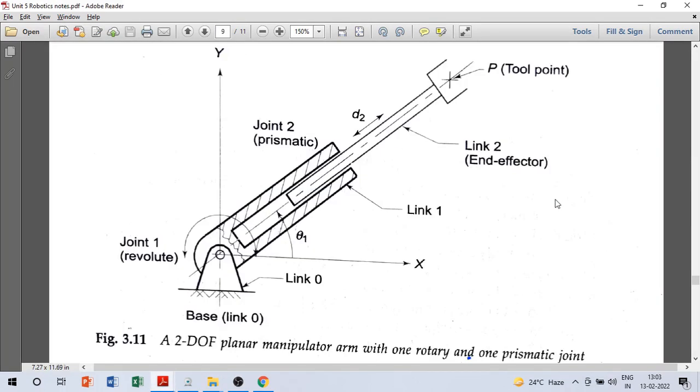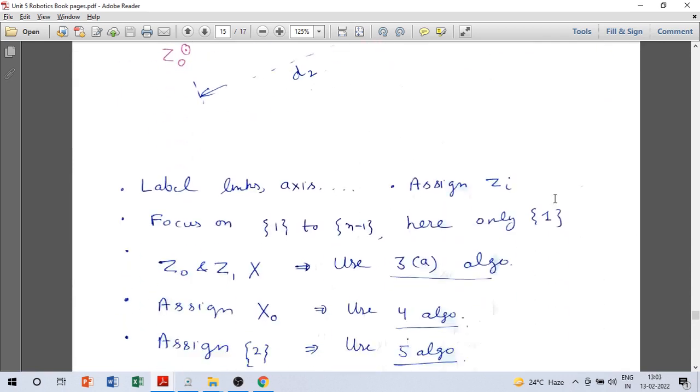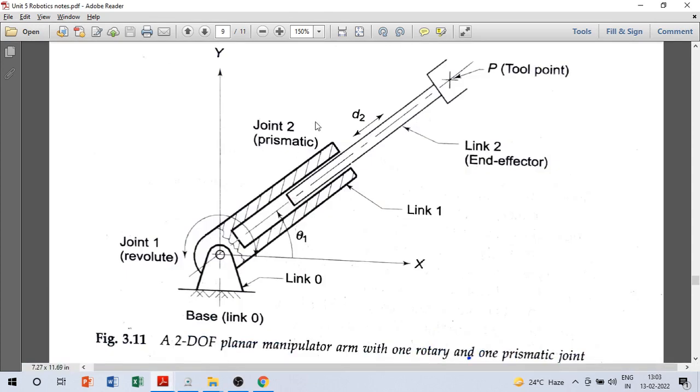Now, what is the procedure? We have to assign frames to the links, and then we have to also write the DH parameters. Once we have those, we can write the transformation matrix for our mapping. So the procedure is, first we label the links and axes.